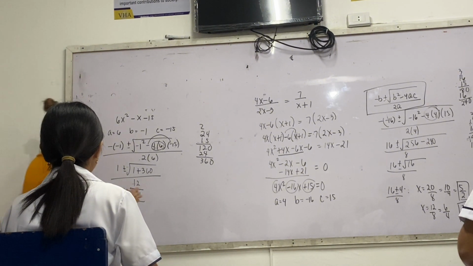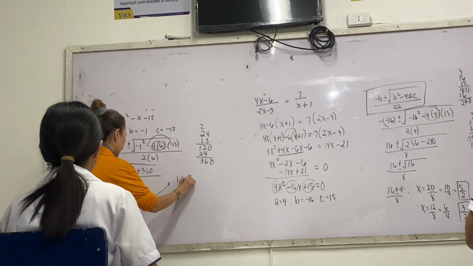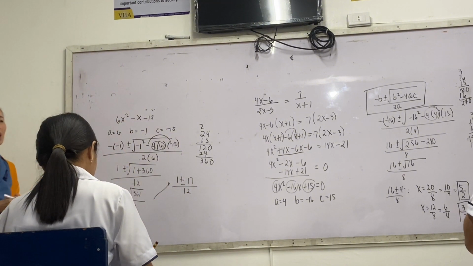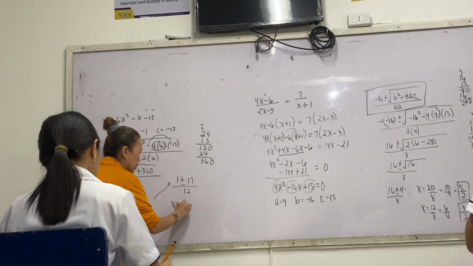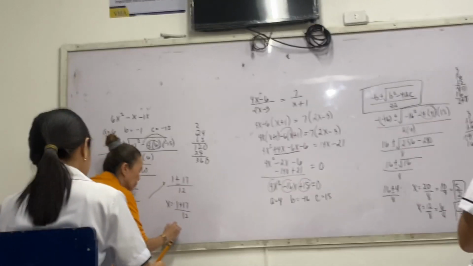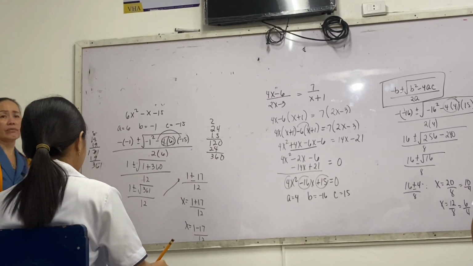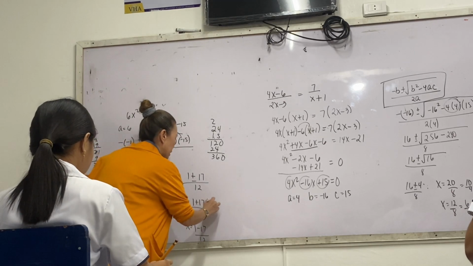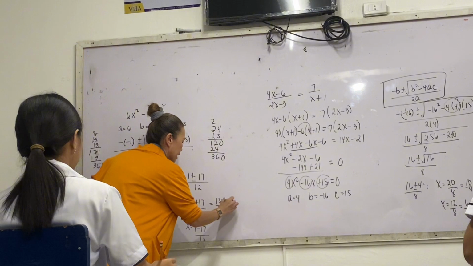Kaya po, mangyayari dito ay 1 plus minus 19 over 12. Paghihiwalayin po natin. Yung una ay 1 plus 19 over 12. Yung pangalawa, 1 minus 19 over 12. So what is 1 plus 19? That will be 20 over 12 divisible by 4. 20 divided by 4 is 5, 12 divided by 4 is 3. Kaya po 5 thirds. And then 1 minus 19 is negative 18 over 12 divisible by 6.